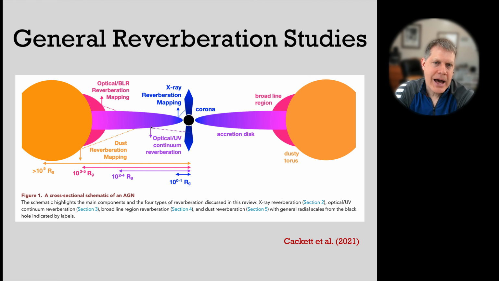I talked about that and some of its challenges in the previous lecture as well. But for now, we'll talk about the optical BLR reverberation mapping. In fact, this is the first one that was done extensively for active galaxies, with these other ones coming later. And you can also do reverberation mapping of dust in the torus, which we'll talk about in a future lecture. But for now, we're talking about this one today.